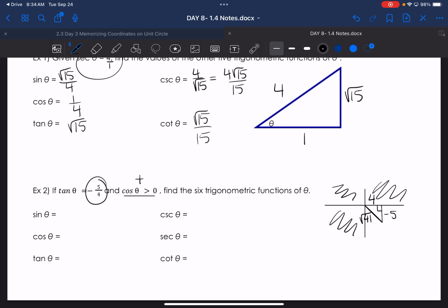They want sine of theta. What is our sine going to be? Good. All right, and what would our cosine be? 4 root 41 over 41. Good. And they already gave us tangent, right?